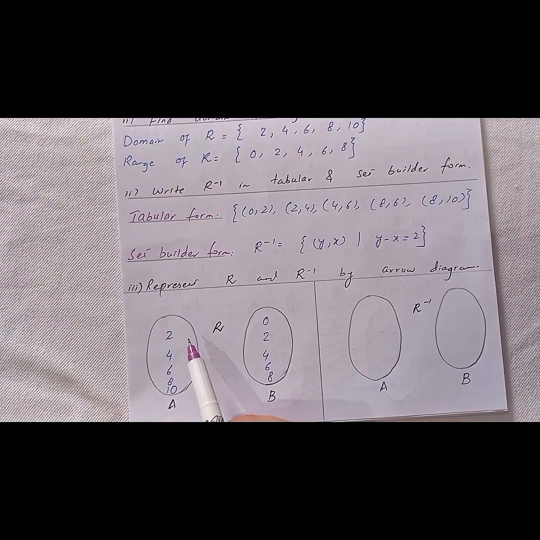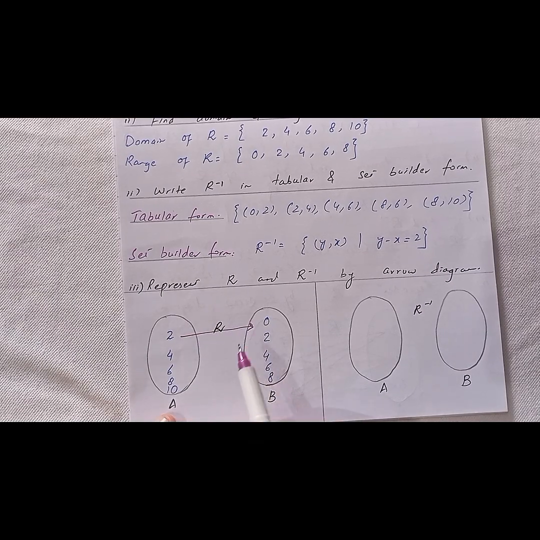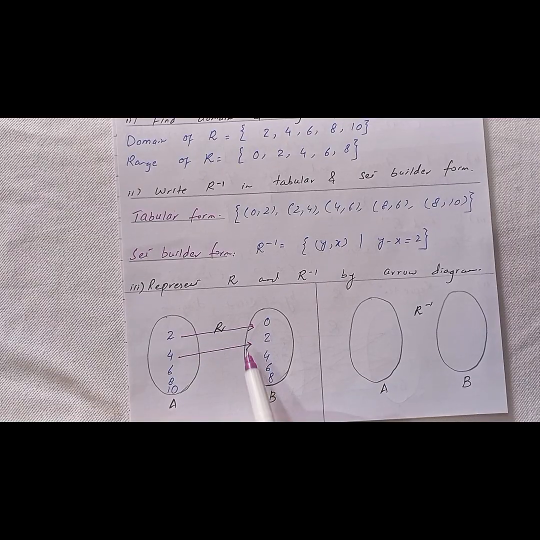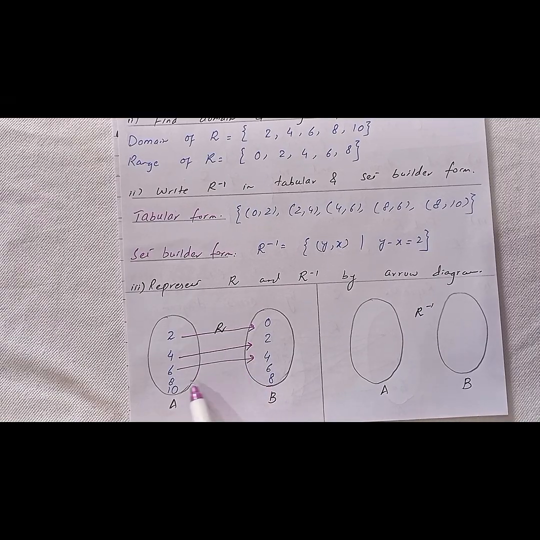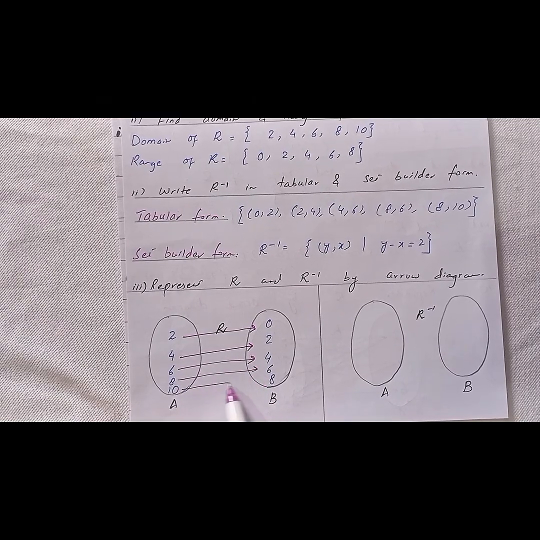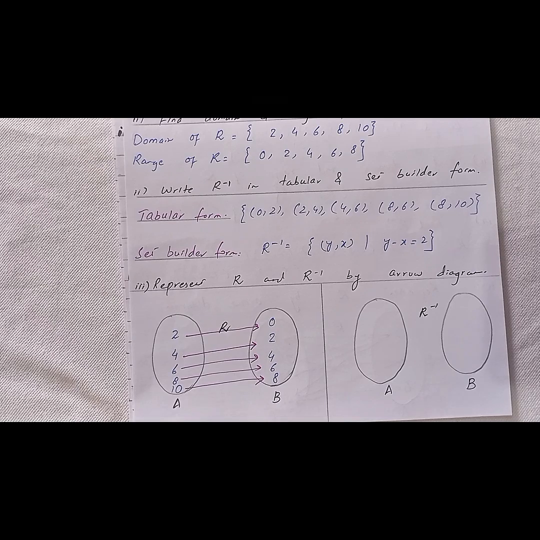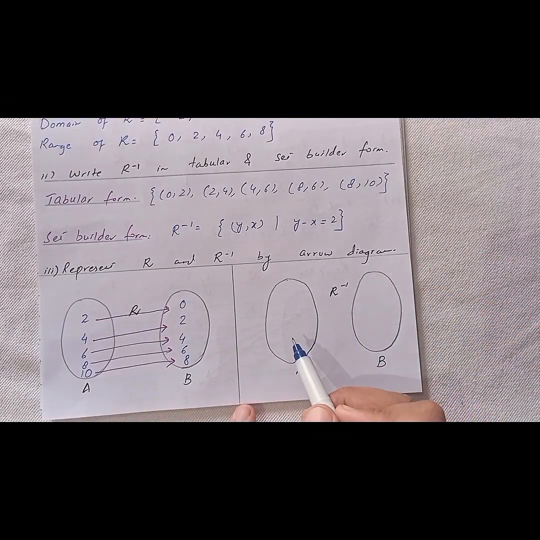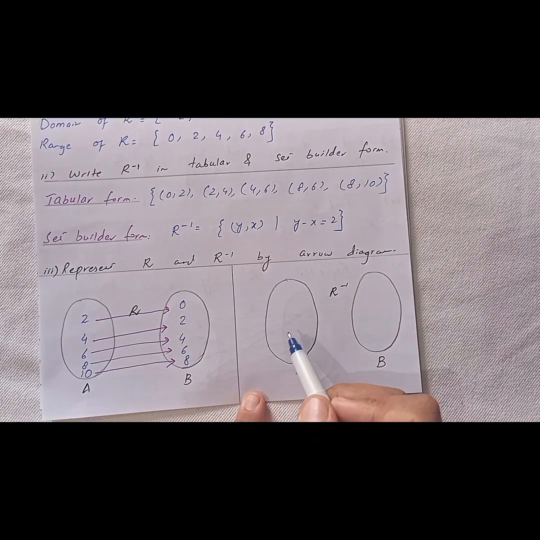So in the arrow diagram, 2 is related to 0, 4 is related to 2, 6 is related to 4, 8 is related to 6, and then 10 is related to 8. And for R inverse we have to write the elements of A, the domain elements of R inverse.